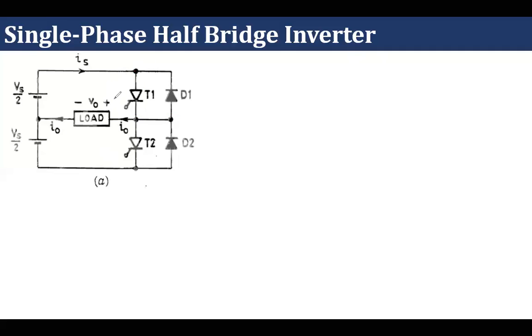So we do not have to provide a gate pulse to both the devices at the same time, because if we do so, we are short circuiting the input supply. This situation should never occur.